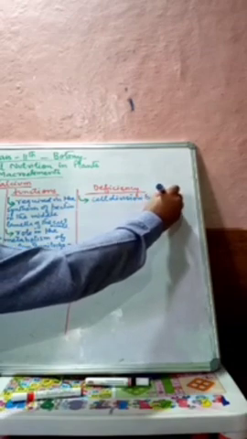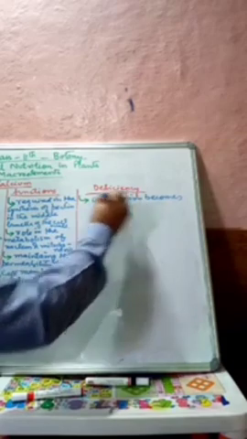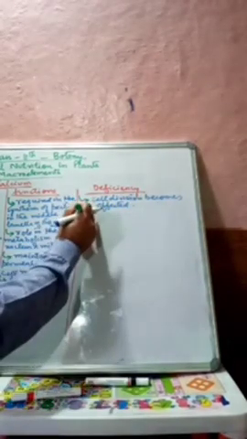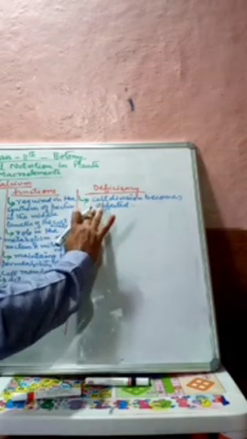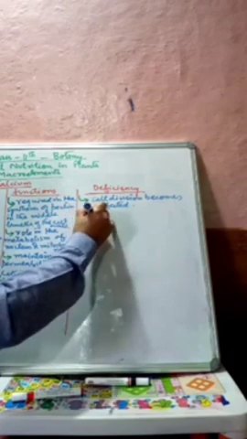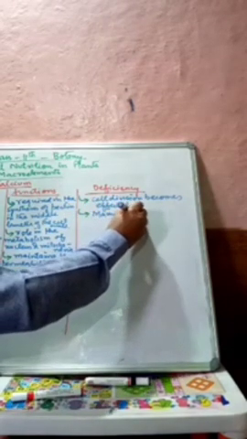It becomes affected. Along with this, we can write one more point here. What will happen? We will see the result: many nuclei, or multinucleate.